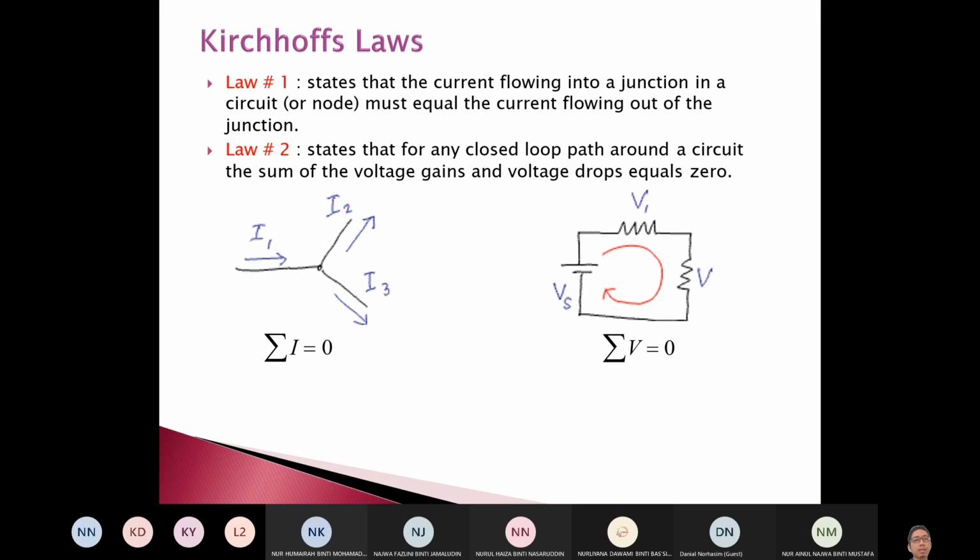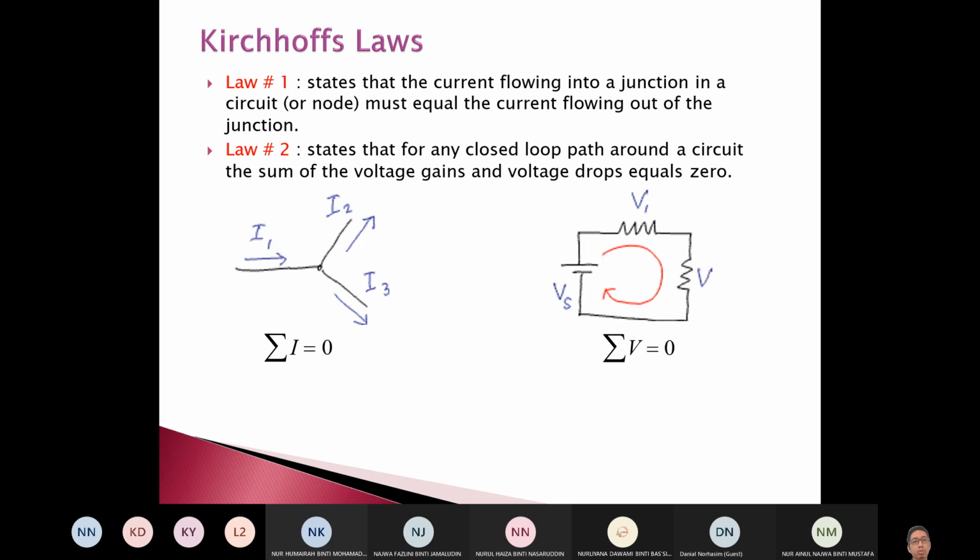And then there is another, second law. For any closed loop path around a circuit, the sum of the voltage gains and voltage drops equals 0. So if it involves voltage, the sum of voltage gain and voltage drop equals 0.